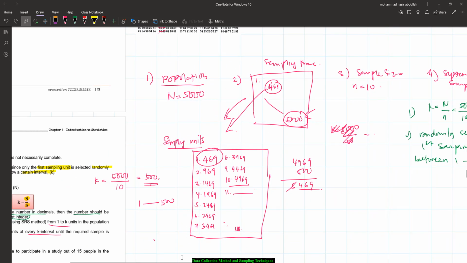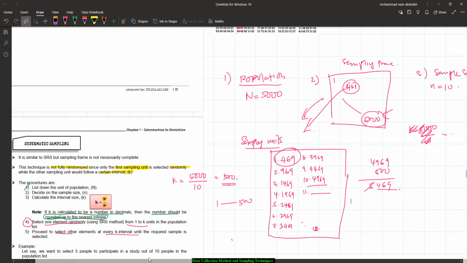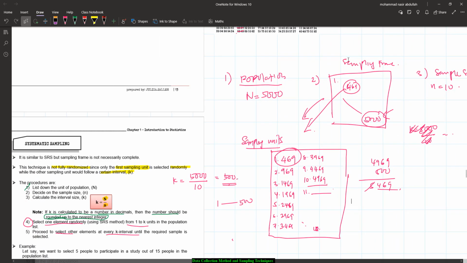Right? Very simple, and does not require the full sampling frame. So this example is when I showed using the full sampling frame. So in what example, in what state do we not need the whole sampling frame?